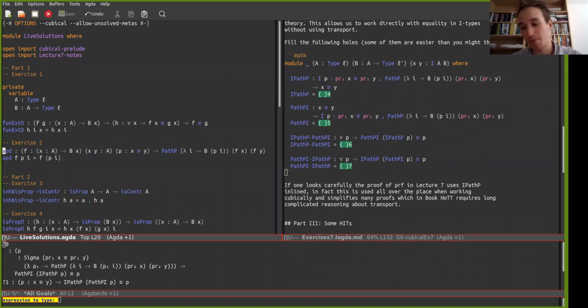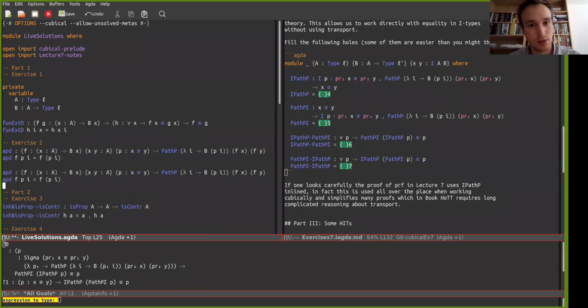Some of them have two different notions of a dependent path and a path. But what we could do is, of course, do an app prime here, A to, and then maybe we want this to be C.